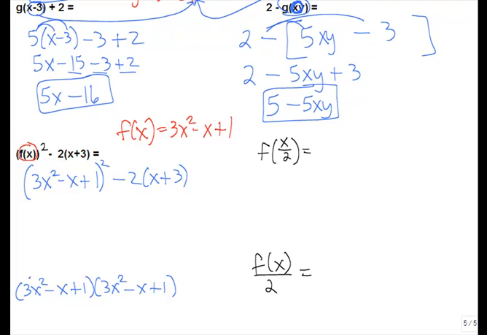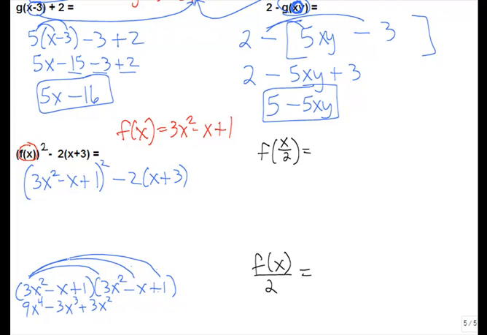So we're going to get the first 3 terms from this 3x squared times all 3 of these. So that'll be 9x to the 4th, because you add exponents when you multiply. x squared times x squared is x to the 4th. 3x squared times a minus x would be minus 3x cubed. And 3x squared times 1 stays 3x squared. There's my first 3 terms.